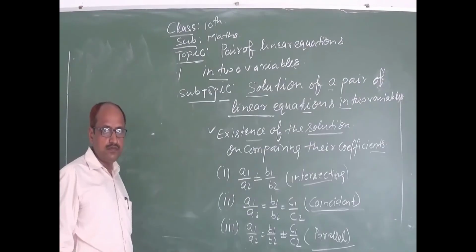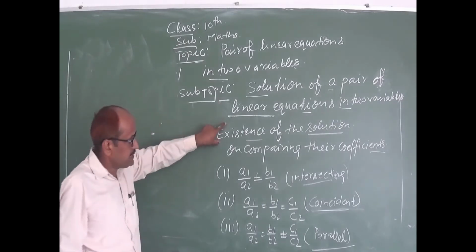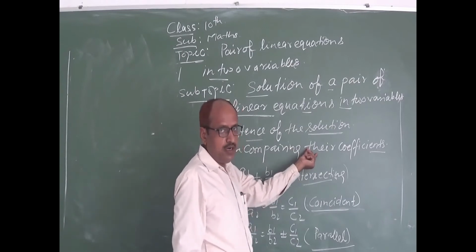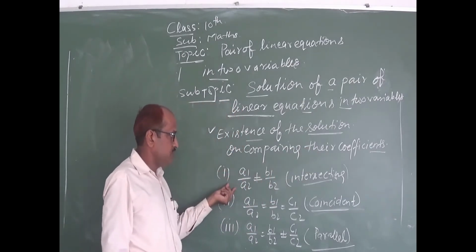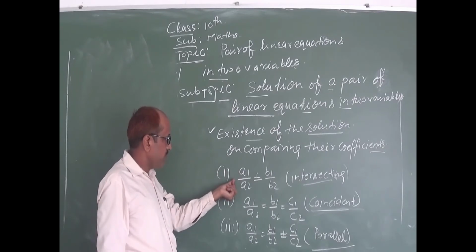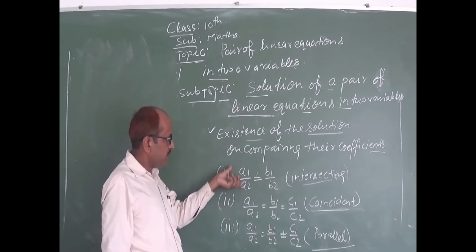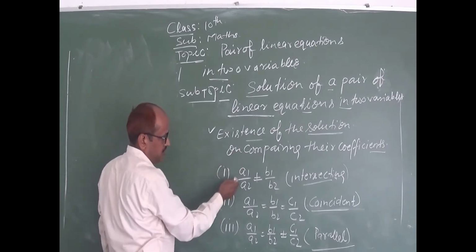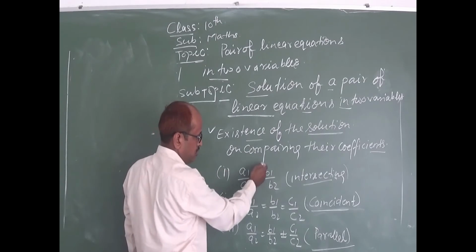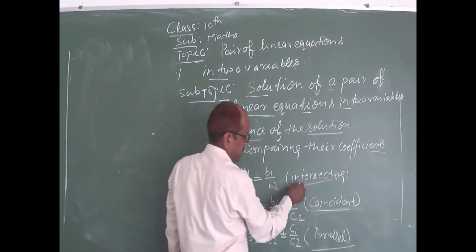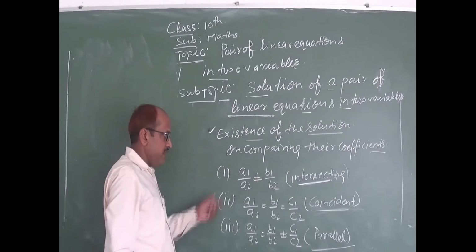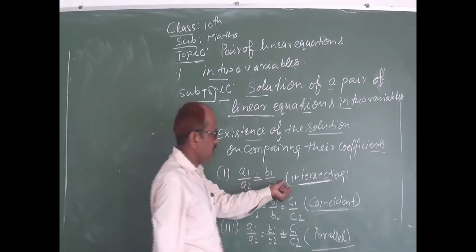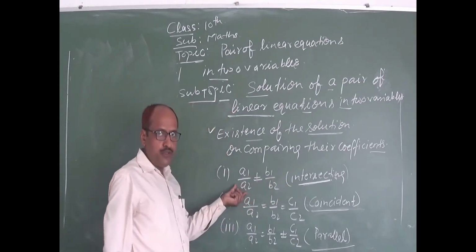Now I am going to discuss the existence of a solution by comparing the coefficients of a pair of linear equations in two variables. If we have a pair of linear equations and their coefficients satisfy a1 upon a2 not equal to b1 upon b2, then we can say the geometrical representation of both linear equations is intersecting, and they have a unique solution.